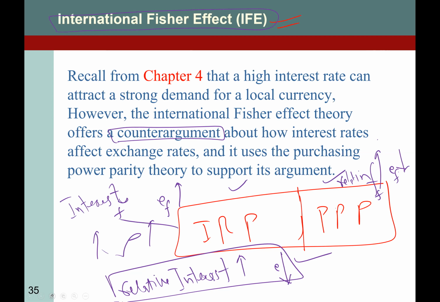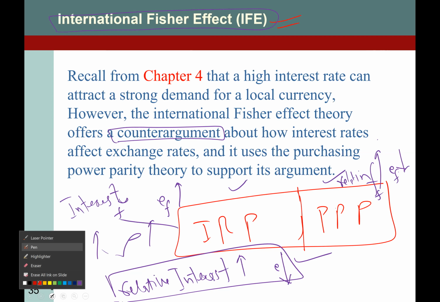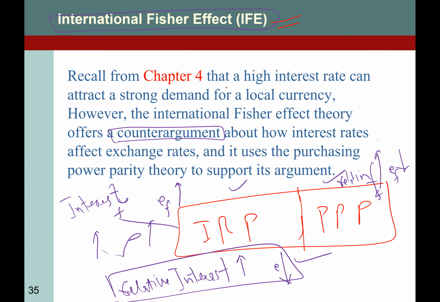We already talked about this concept in chapter 4, in which we said that a high interest rate can act as strong demand for local currency. The international Fisher effect, or IFE, as we call it, asks how interest rate affects exchange rate.